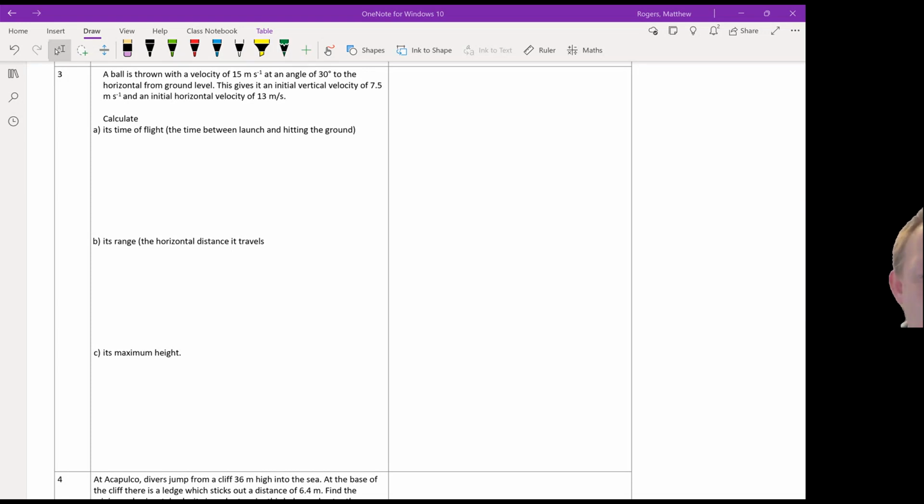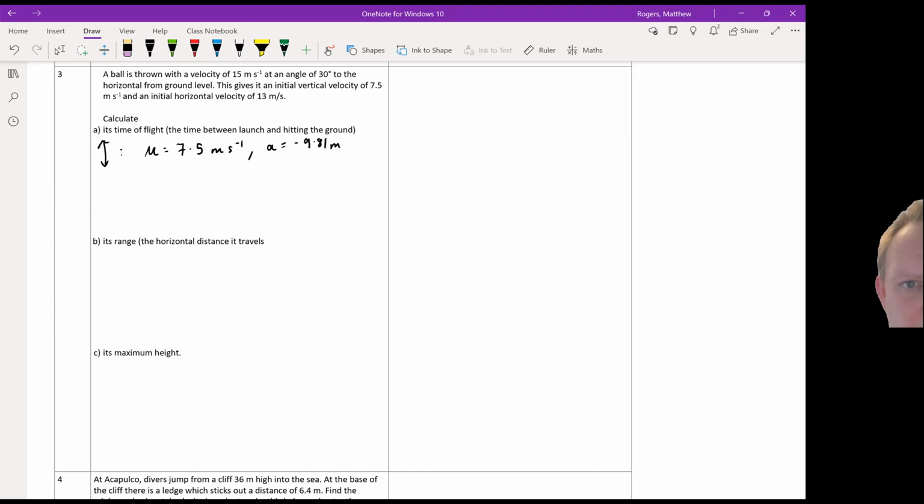So to find its time of flight, all that matters is what happens in the vertical direction. In the vertical direction, we know its initial velocity is upwards and it has a speed of 7.5 meters per second. We know the acceleration is equal to minus 9.81 meters per second squared.